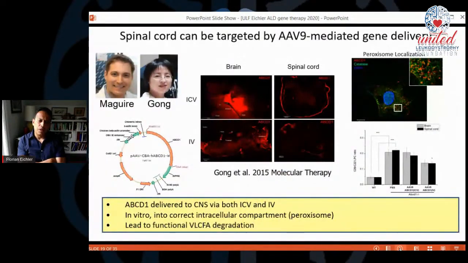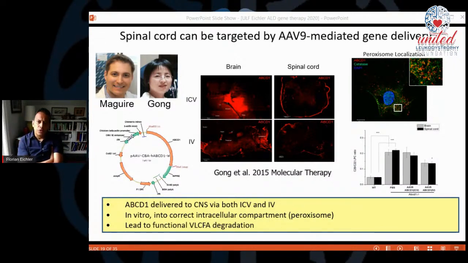Just here, in my last slide, to highlight that the spinal cord can be targeted by AAV9-mediated gene delivery. We've now published in multiple papers that using an AAV9-mediated approach, where we package human ABCD1 into this vector, we can deliver the construct to the relevant cell types, and not only get it into those cell types that are important to ALD pathology, but also into the right compartment, namely the peroxisome.